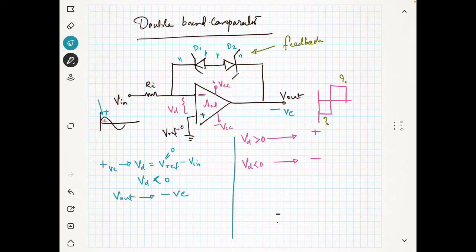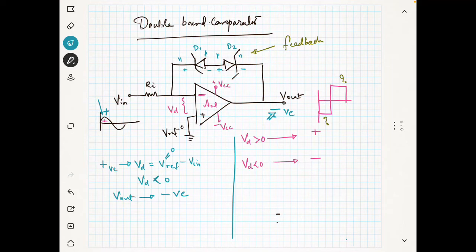So this end is negative, since the output is negative. Now this may be positive, right? The input is positive, so at this end you are giving a positive, and at this one a negative voltage.